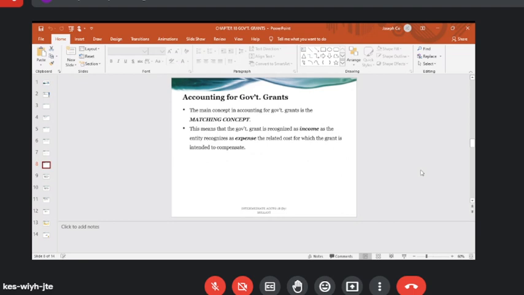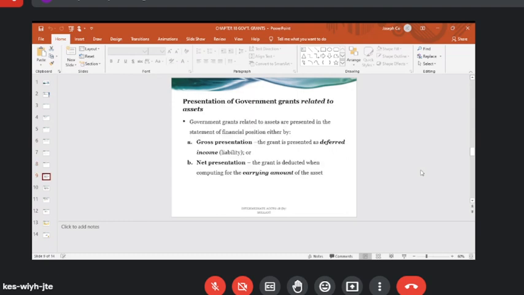The main concept in accounting for government grants is the matching concept. This means that the government grant is recognized as income as the entity recognizes as expense the related costs for which the grant is intended to compensate.